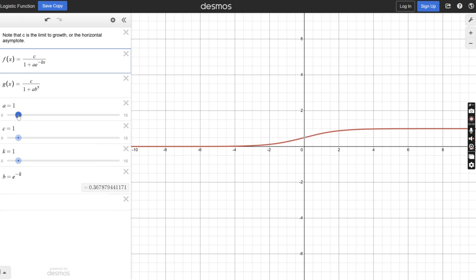So 1 divided by 1 plus e to the power of x, or e to the power of minus x, to be honest. The k value again has to be 1. In this original equation, c is 1, a is 1, k is 1. Now when you substitute those values, this becomes the sigmoid function. You can modify it, and if you do, you can see how various things affect it.